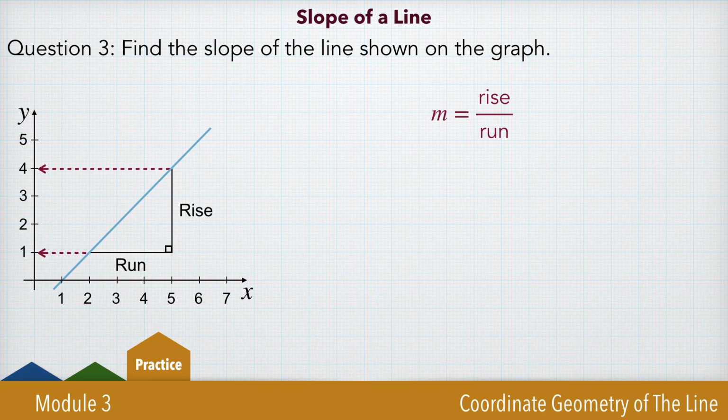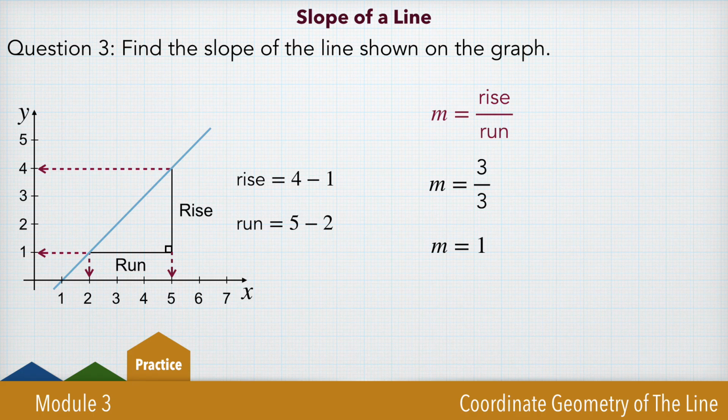The rise is 4 minus 1 and the run is 5 minus 2. Substituting all this into the formula gives us a value of 3/3. Simplifying gives us a slope of 1. As the line is increasing from left to right, the slope is positive.